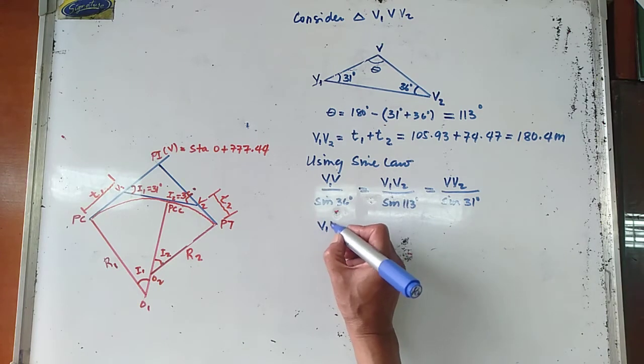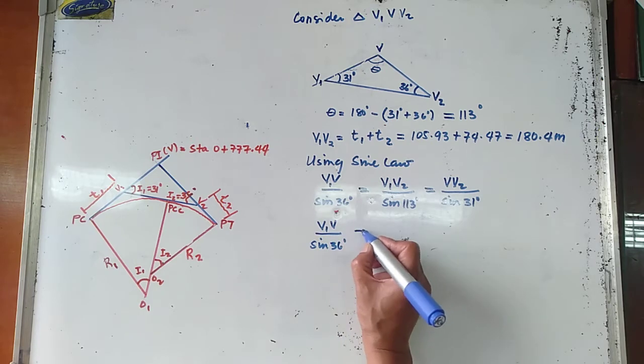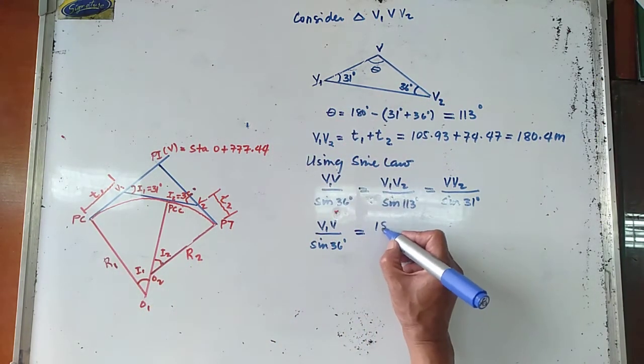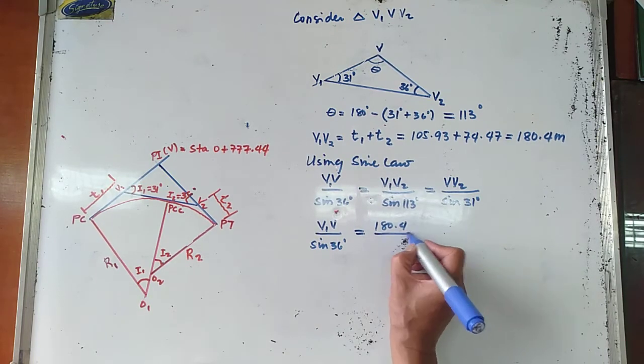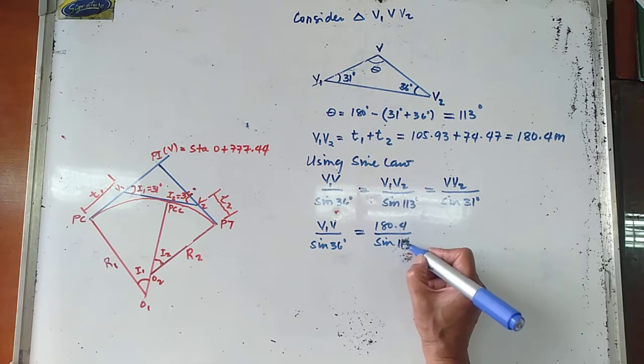So that V1V is to sine of 36 degrees is equal to V1V2 is 180.4 is to sine of 113 degrees.